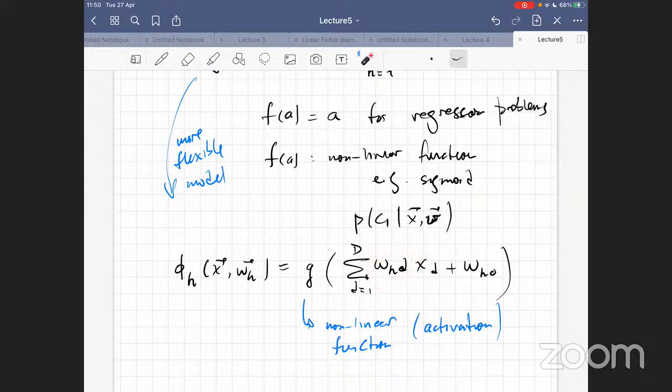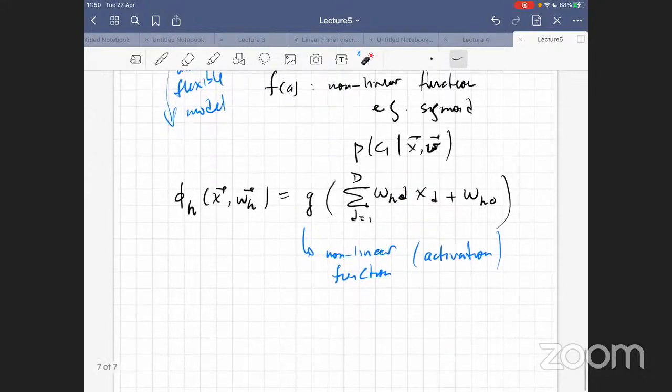I'm saying that for every phi h here, I have a function like this, with different parameters wh, which is a vector with d components. Is it clear? So the model becomes now the following. Now I have two sets of parameters here, w and v.